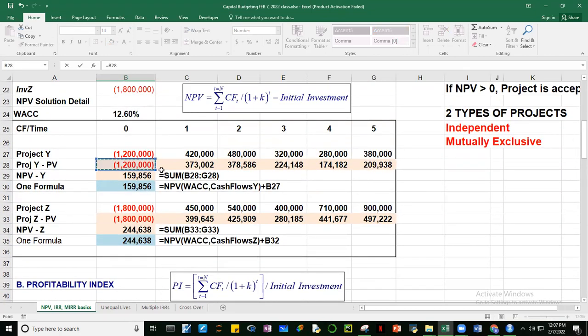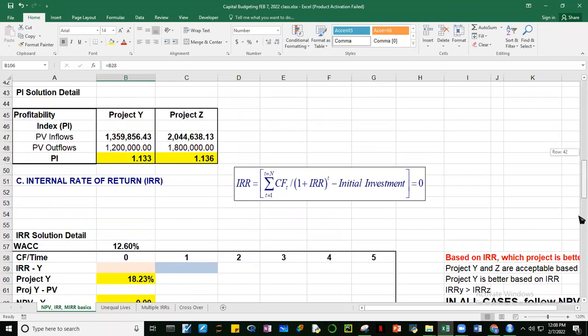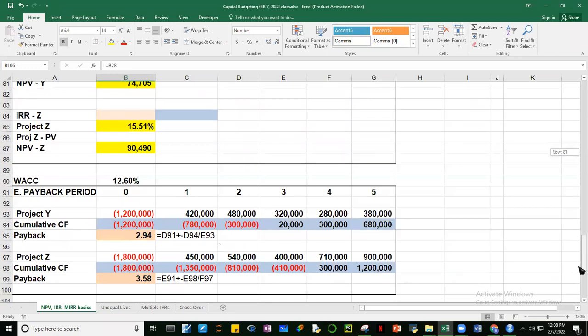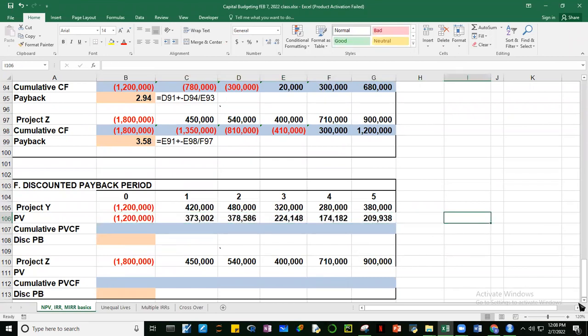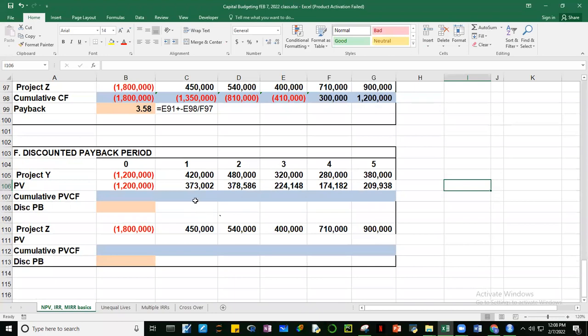Ito for project Y. Okay, so kinopy natin. Ibig sabihin discounted, we're using the present values.